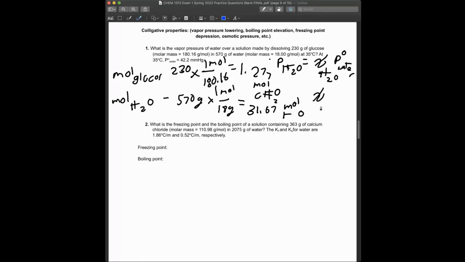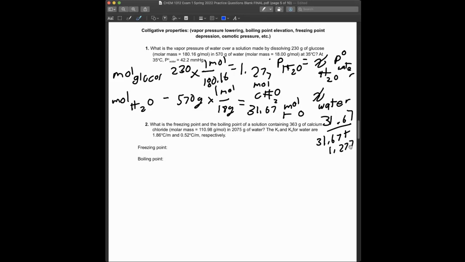So the mole fraction of water is essentially going to be the moles of water, which is 31.67, over 31.67 again, added to the moles of glucose, which is 1.277.